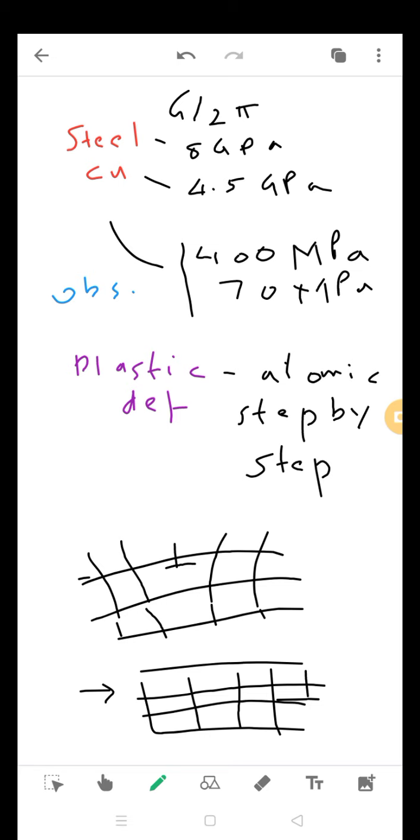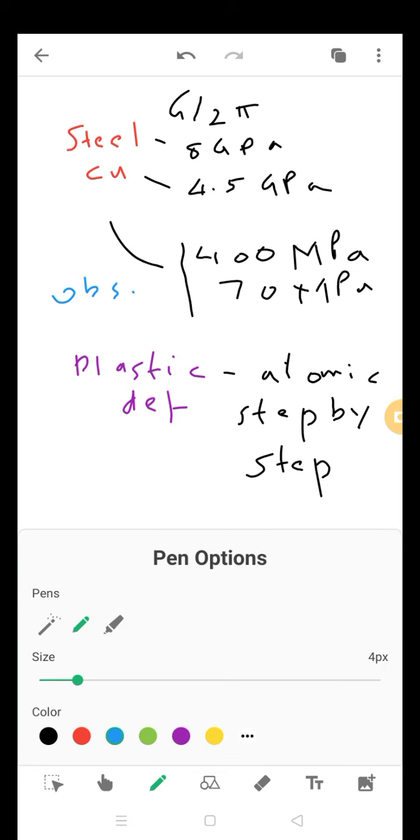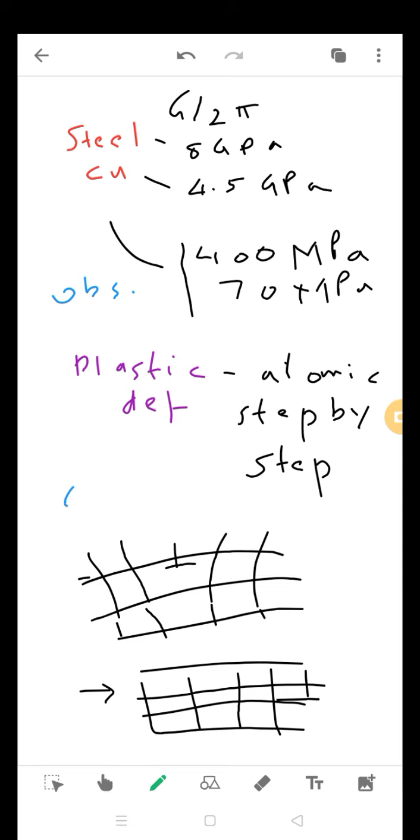So there are two aspects to it. First of all, you need to generate the dislocation, and after it has been generated, you have to move the dislocation. So both things are important for this plastic deformation to take place, which actually explains the weakening of the crystals.